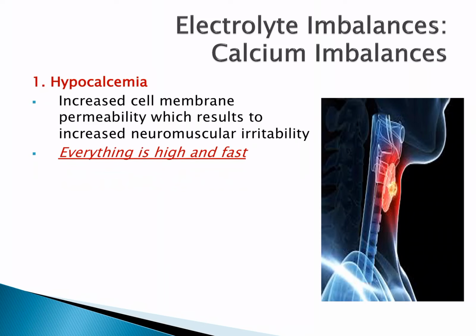So you could expect, for example, excitability of neuromuscular reaction. For example, there's a seizure. The patient is diaphoretic. The patient experiences tachycardia. So that's an example of the signs and symptoms of your hypocalcemia.